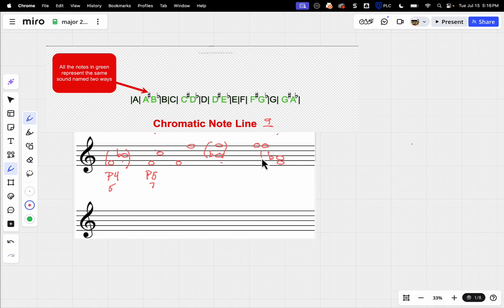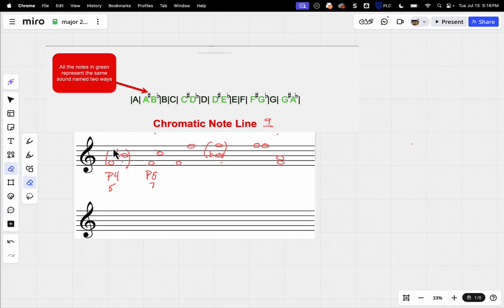When you lower minor intervals, you get a diminished interval. Okay, so let's just remember the terminology. When you lower a major interval, you get a minor interval. When you lower a minor interval, you get a diminished interval. When you lower a perfect interval, it immediately becomes diminished.